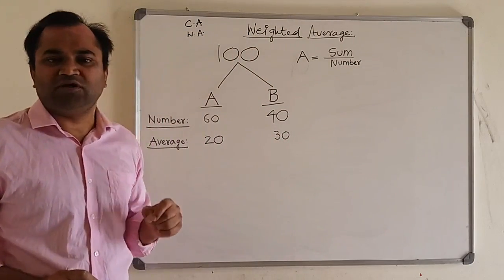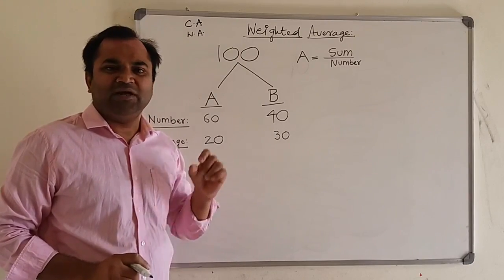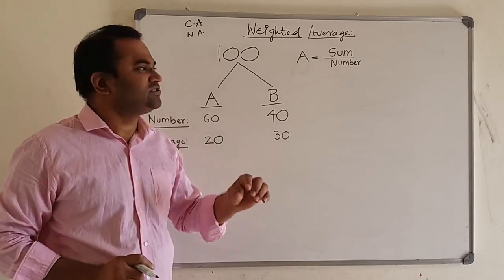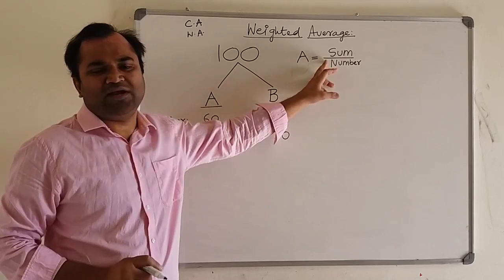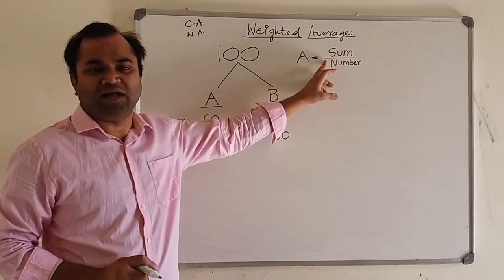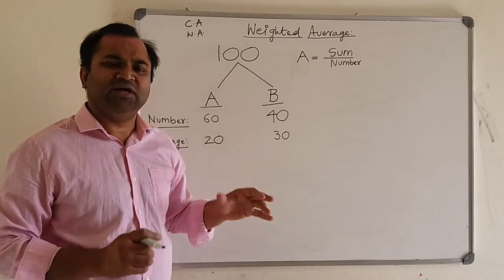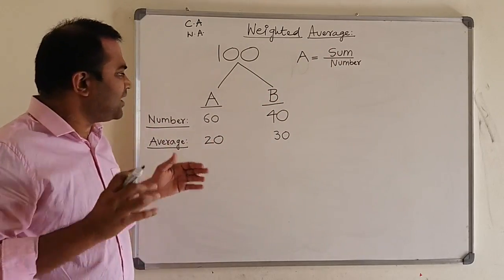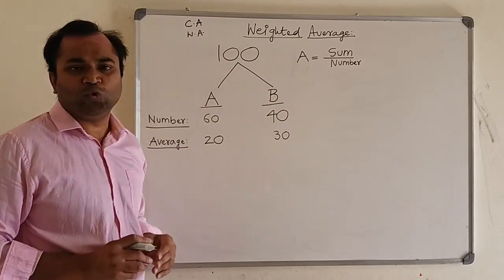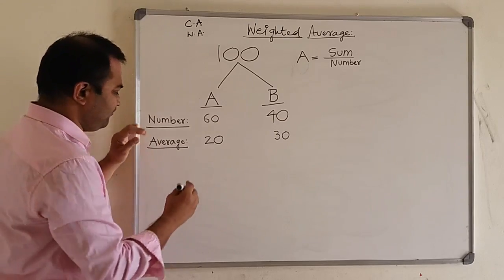If you have not watched our video on average, please click average and first watch that video so that you will better appreciate what average means. Now, using this formula for average, let me find the average marks of the two groups A and B combinedly.